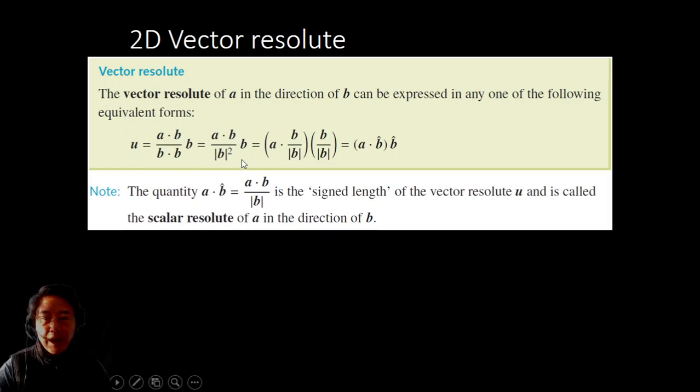We can break it down as well in a different manner. When we do this, what it allows us to do is to separate into a new vector, and that vector is a unit vector. So we take that vector and we divide by its magnitude. That new vector that we call b hat is a unit vector in the direction of b.